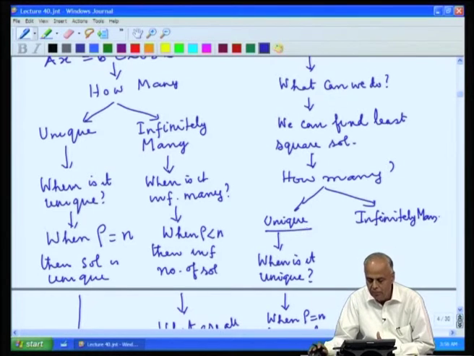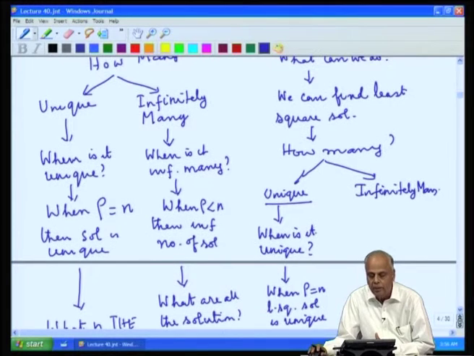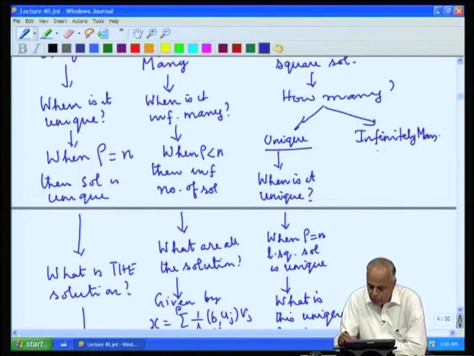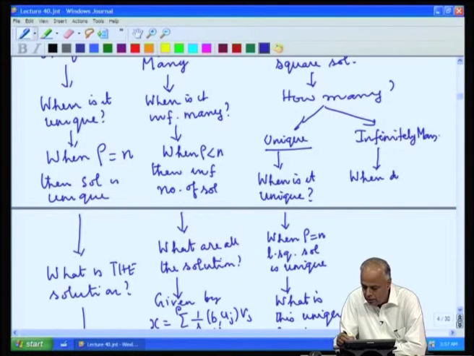The next series of questions that we raised were in the case of infinitely many solutions. So, the question therefore is, when do we get infinitely many solutions?